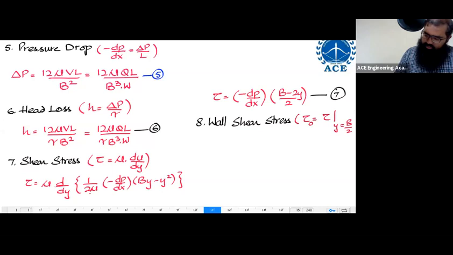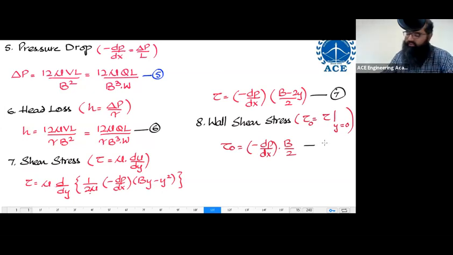For the wall, put y equal to 0. Then the value of tau naught becomes minus dp upon dx multiplied by b times y. This is the formula for wall shear stress.